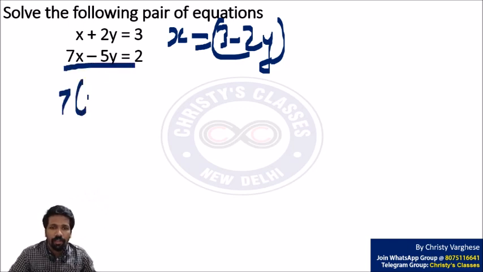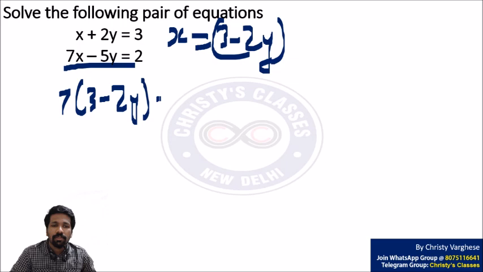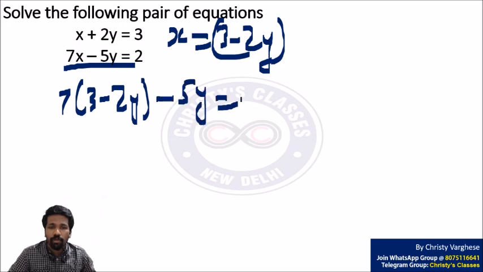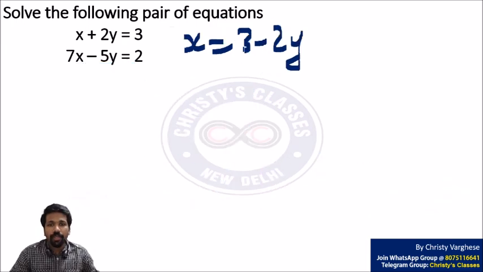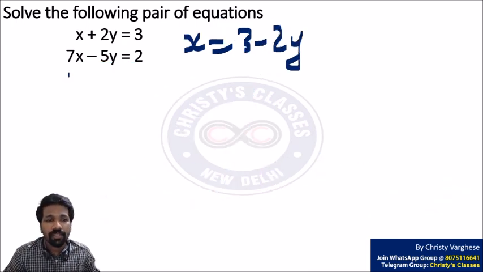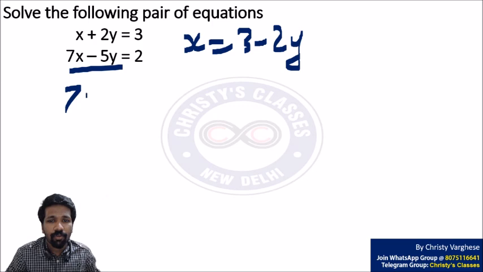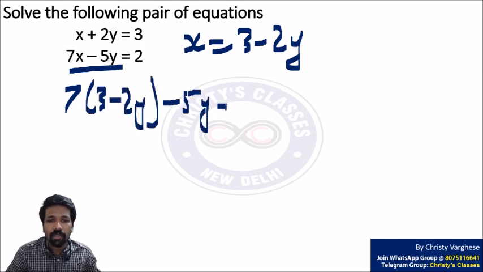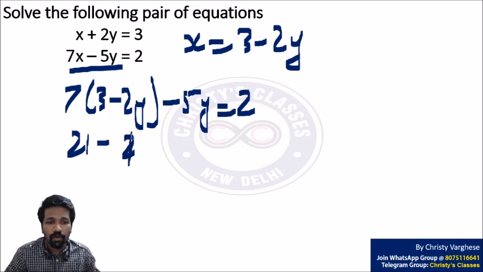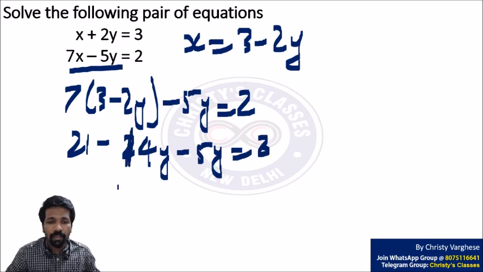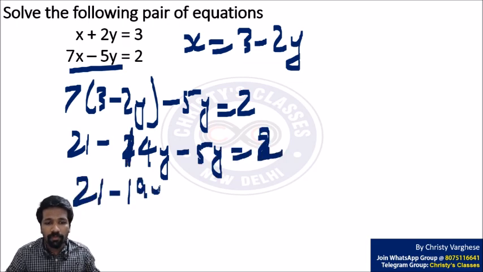That is 7 into 3 minus 2y minus 5y is equal to 2. Opening up the brackets, 21 minus 14y minus 5y is equal to 2. That means 21 minus 19y is equal to 2.